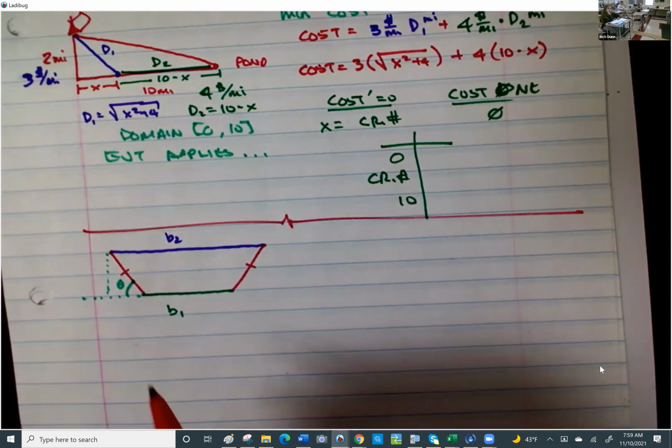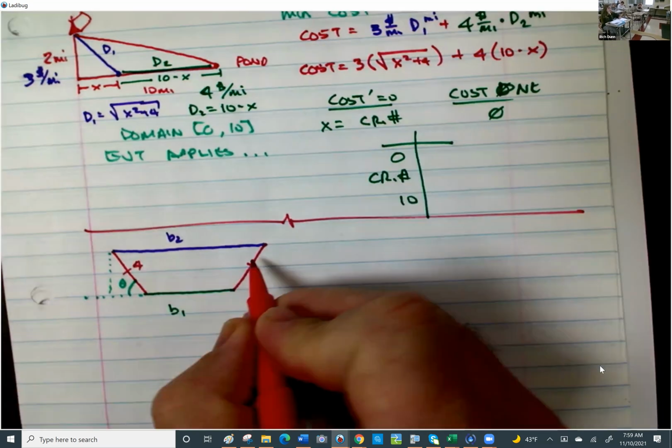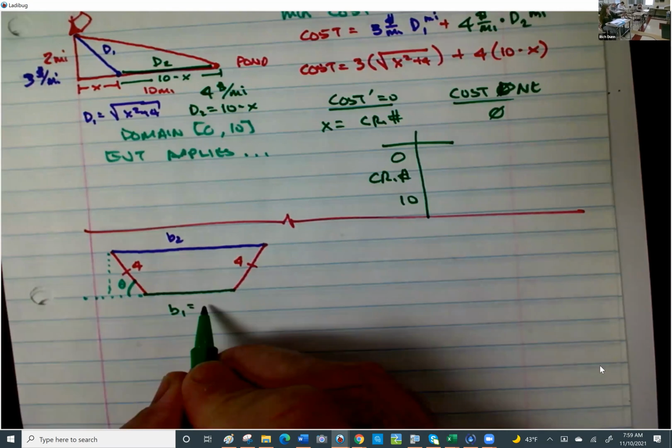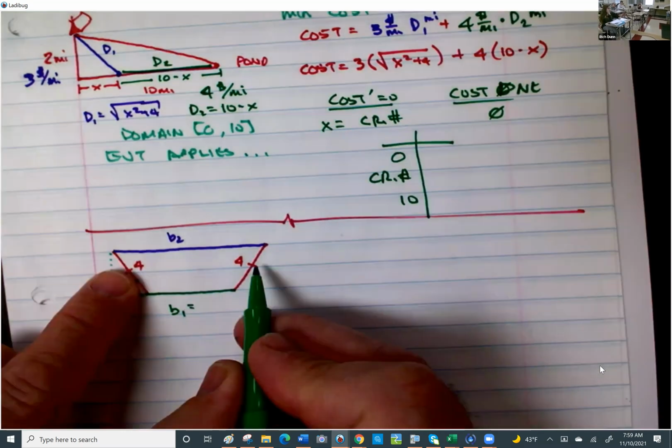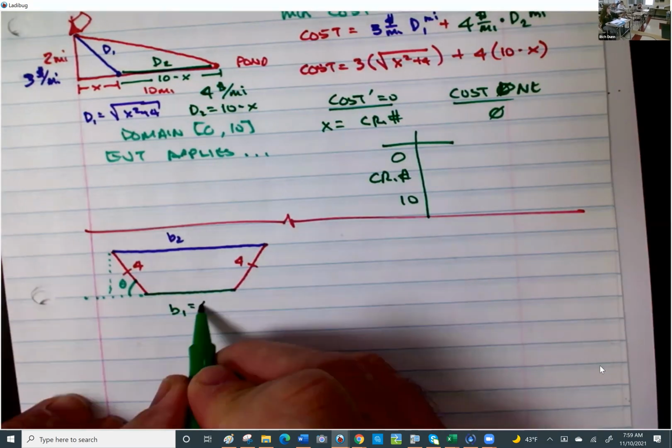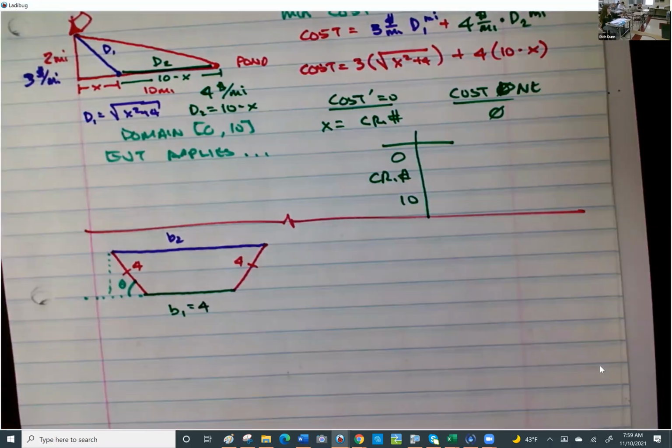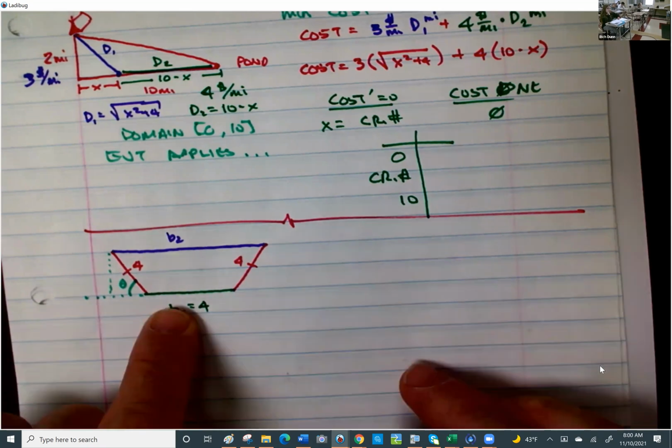So I know this length here is 4, that length there is 4. And as a matter of fact, if these both are 4, then this has to be 4. So by that 1/3 statement, I get a couple dimensions that will always be there, okay? Not going to be variables, okay?